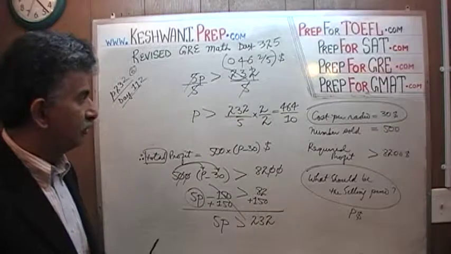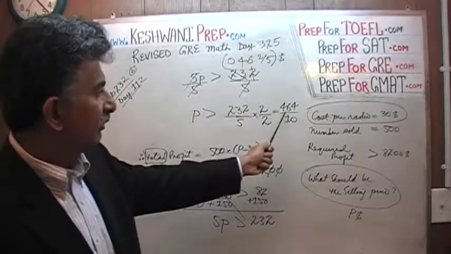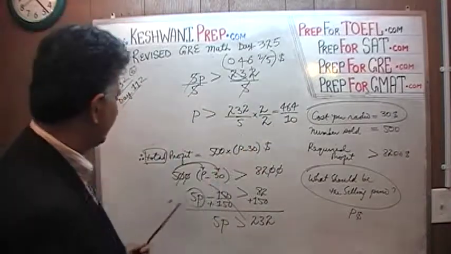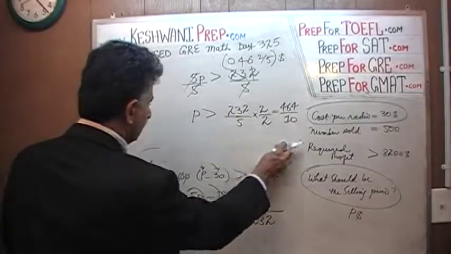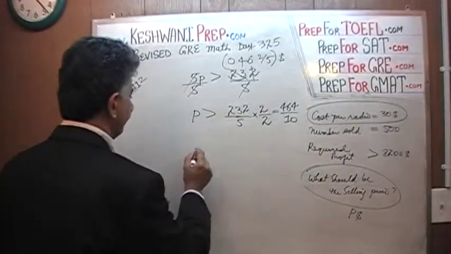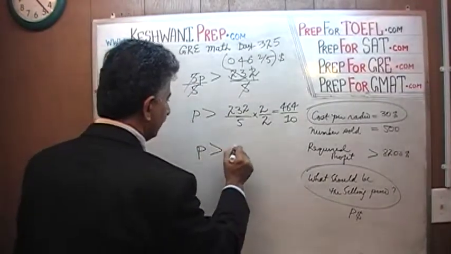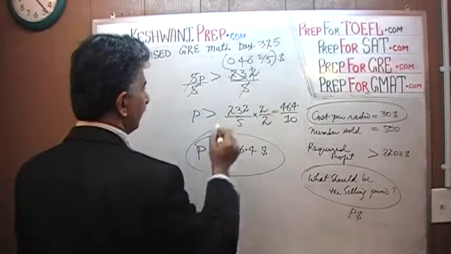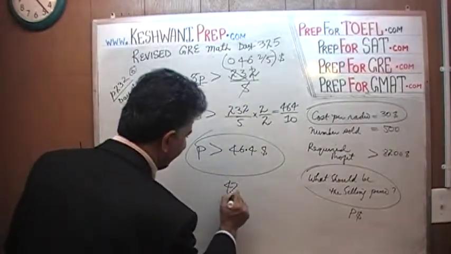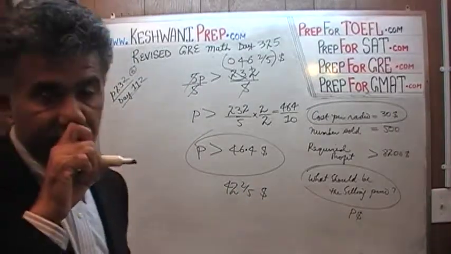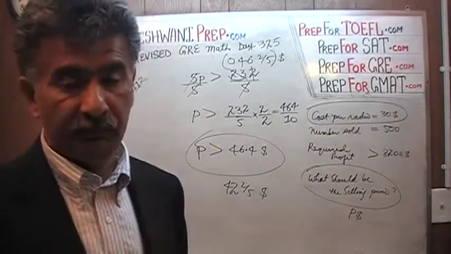When you divide by 10, you just have to move the decimal place. And as soon as we move the decimal place, we find out that P has to be more than $46.40. This is the same as 46 and 2/5 dollars, because a fifth of a dollar is 20 cents and 2/5 is going to be 40 cents.